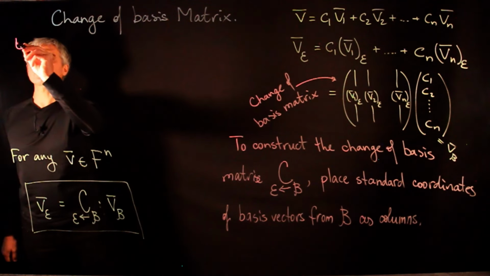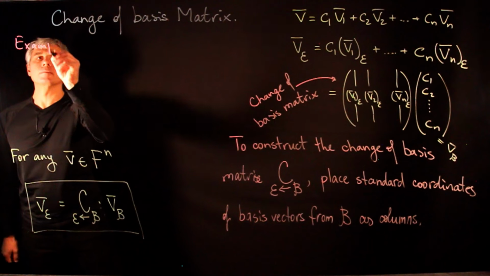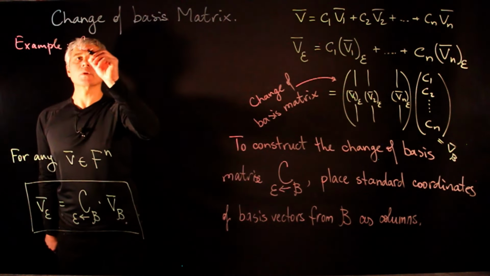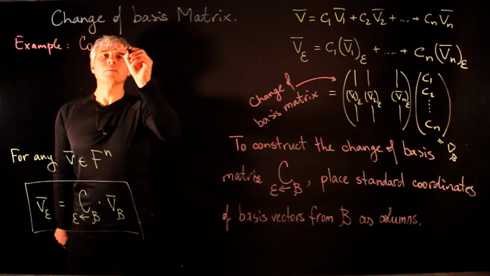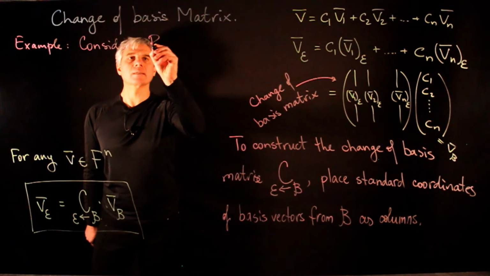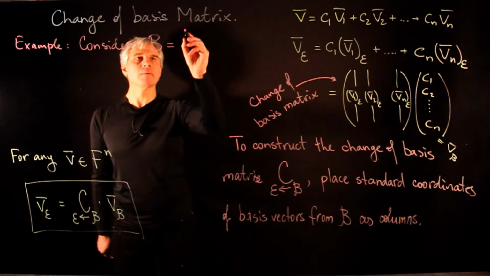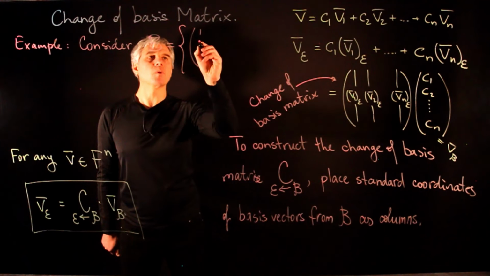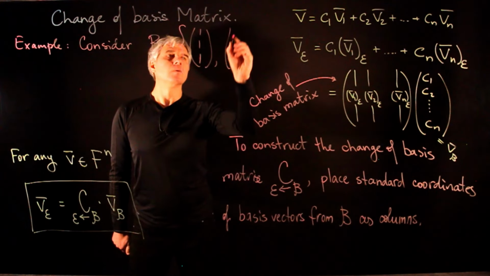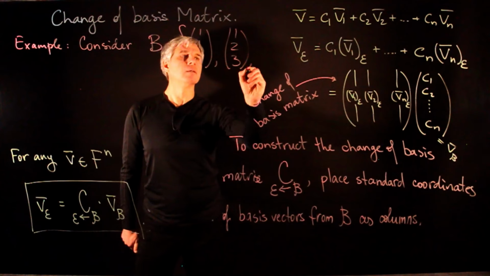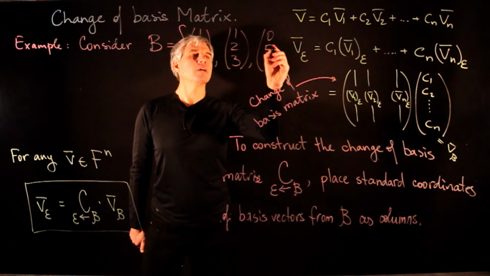So let's consider the following example. Consider the following basis in R3. Let's take the vectors (1, 1, 1), (1, 2, 3), and (0, 5, 2).